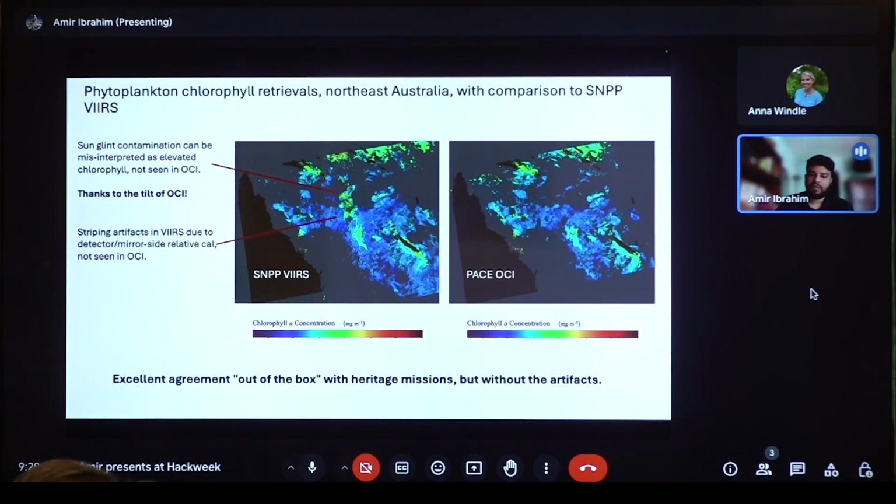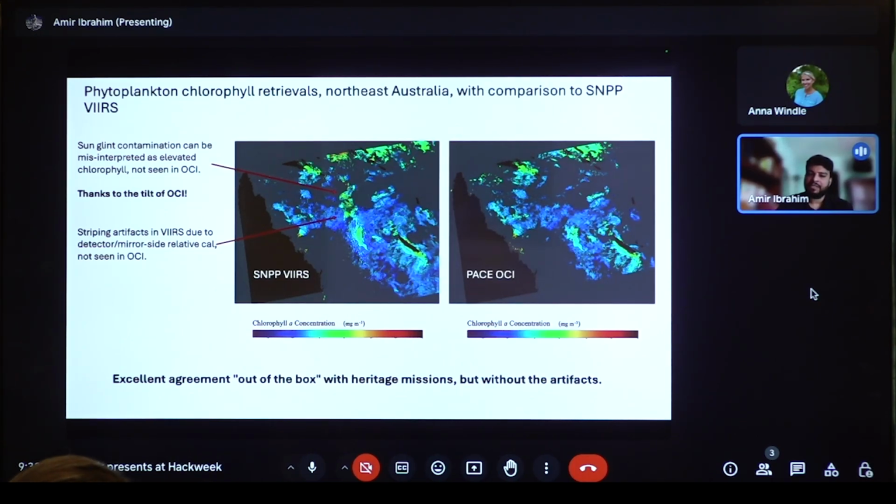This is also a first light image that shows the comparison of the chlorophyll concentration between PACE OCI and VIIRS. Although we put a lot of effort into simulating PACE data to make sure that these approaches work before launch, we utilized PyTorch simulation, and I think I'll talk about that.